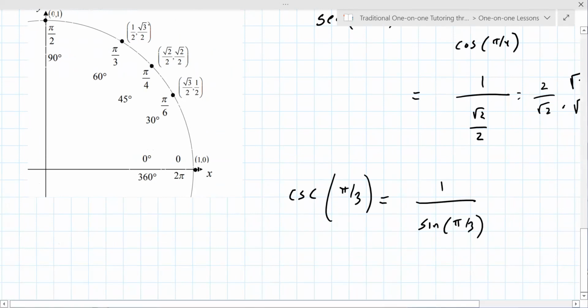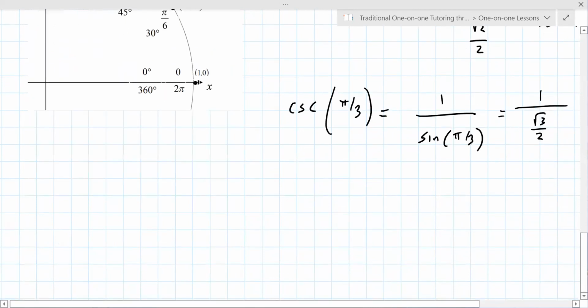The sine of pi over 3 is root 3 over 2. So it's 1 over root 3 over 2. You flip that, it becomes 2 over root 3. And then you can rationalize by multiplying the top and bottom by root 3. So it's 2 root 3 over 3. No cancellations, but you can see that that works there.